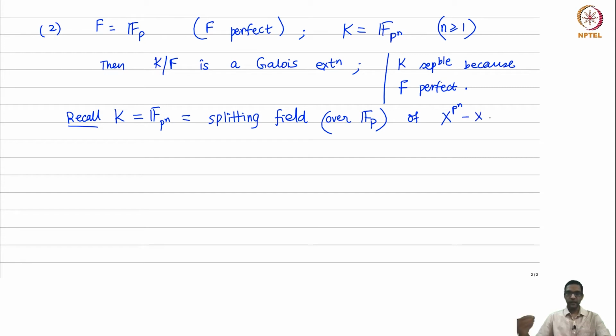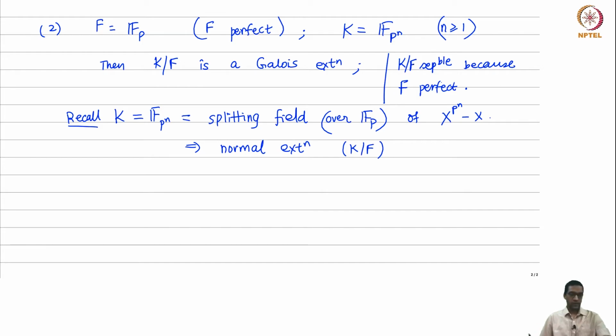In fact that's exactly how finite fields were constructed, as splitting fields of this particular polynomial. So it's therefore a normal extension, K over F. And so we have both properties. I should have said here again, it's a separable extension. So it has both properties, so it is Galois.